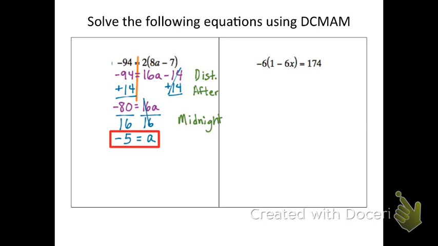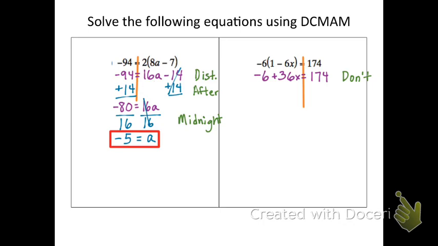Okay, now that you've tried this, again, I'm going to draw my line down the middle. I'm going to distribute the negative 6. So when I distribute the negative 6, it would be negative 6 plus 36x equals 174. And that is, again, the "don't," or distributive property.